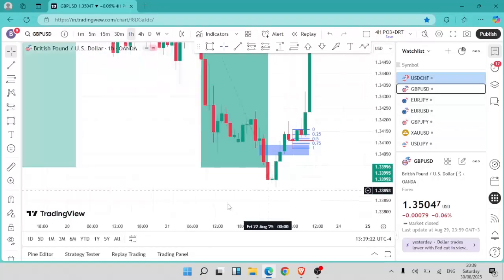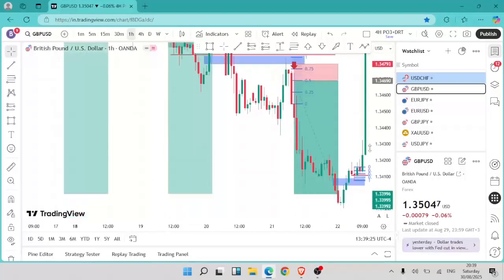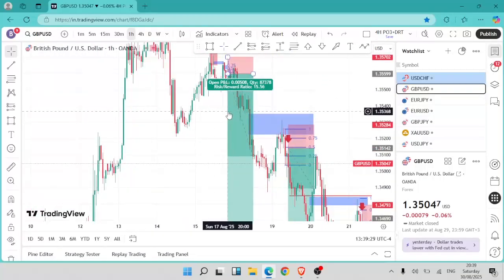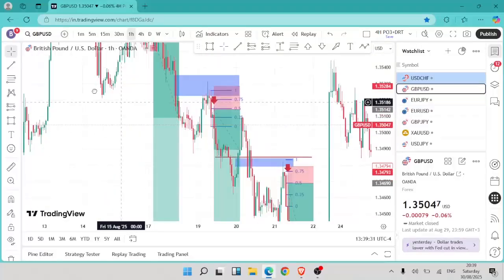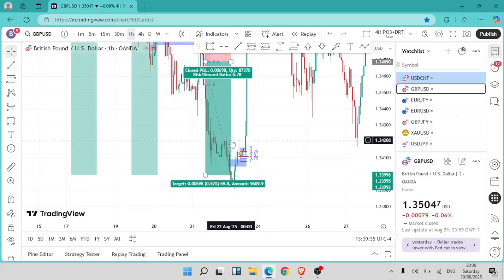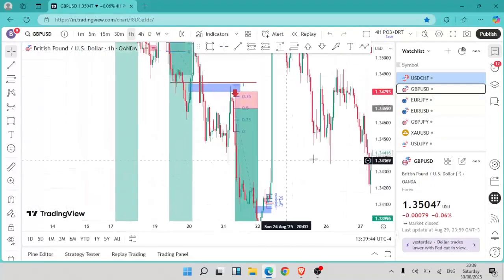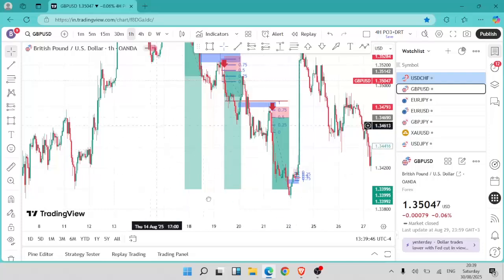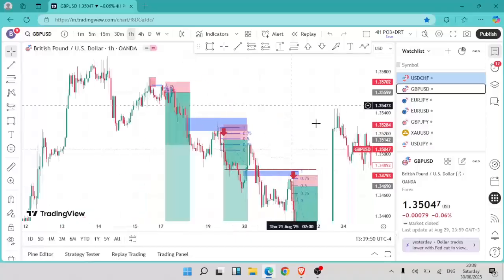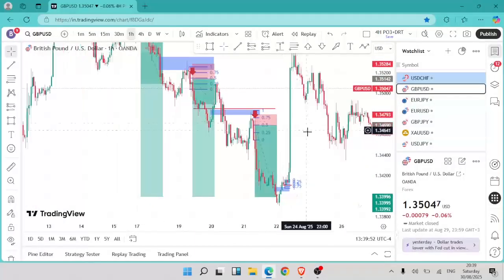So let us look at how long this position took, right? So from 17th August all the way to 22nd August. Those are how many days? 5 days of holding that trade, right? So you can actually calculate the approximate net risk reward.